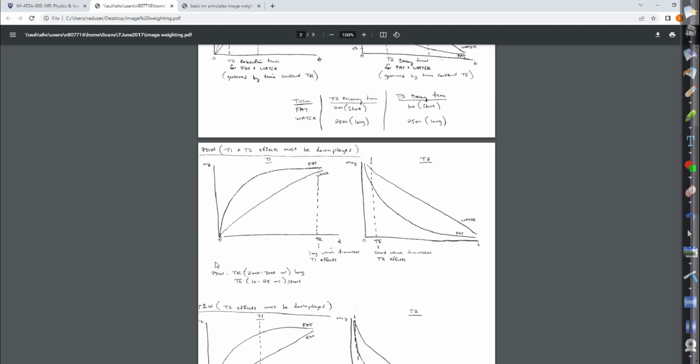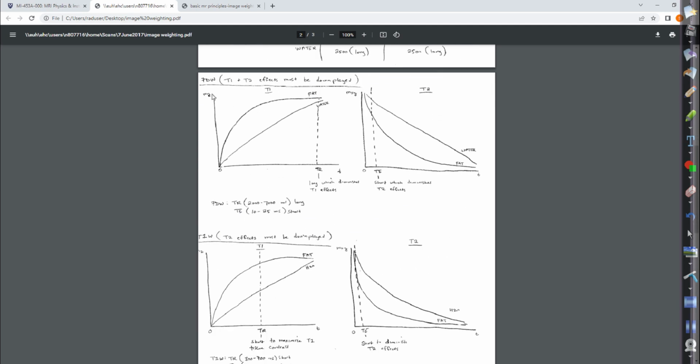So let's describe that in a little bit further detail. So when we just want proton density weighting, what that means is all we care about is seeing how many hydrogen spins are within a voxel of tissue. So then we have to downplay or diminish the effects of T1 and T2.